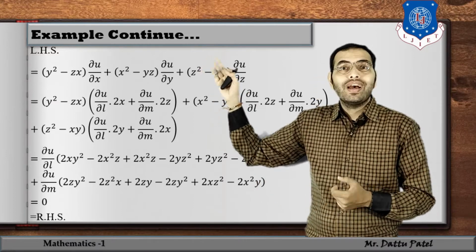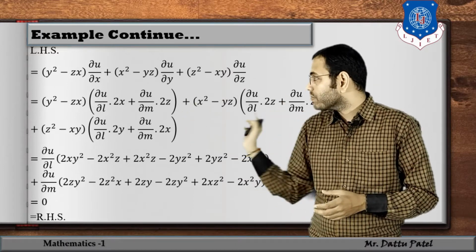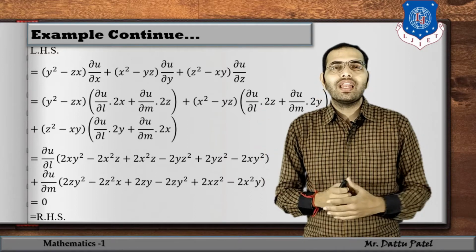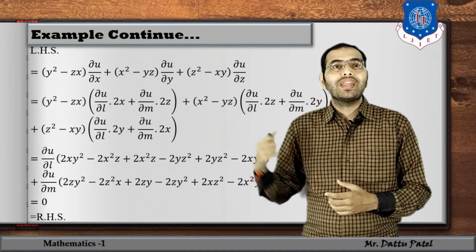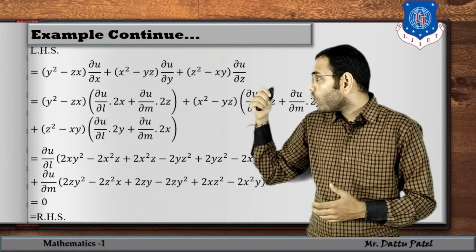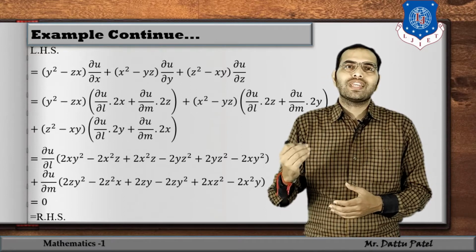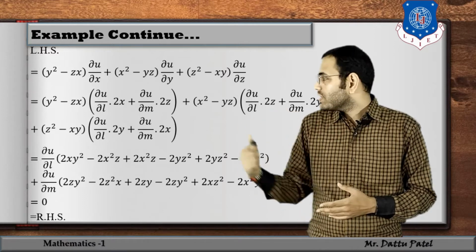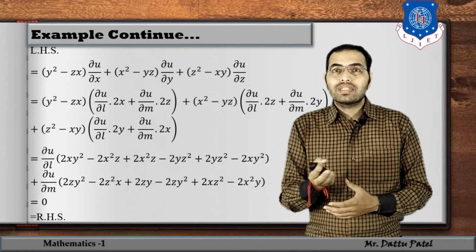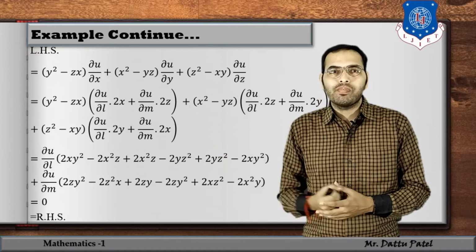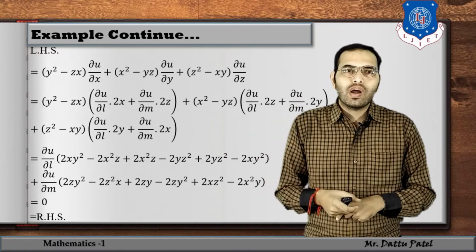Expanding this, among these 12 terms, 6 terms are in the form of ∂u/∂l and the remaining 6 terms are in the form of ∂u/∂m. Taking ∂u/∂l common in these 6 terms, the remaining terms become 2xy² − 2x²z + 2x²z − 2yz² + 2yz² − 2xz². Among these terms, 3 are positive and 3 are negative, and each and every term cancels out. Similarly for ∂u/∂m, there are also 6 terms, 3 positive and 3 negative, and each term cancels out, so it becomes 0.